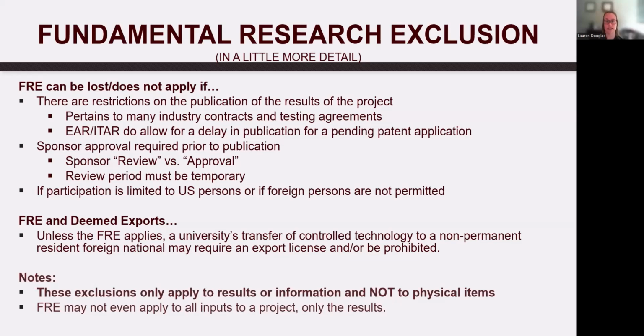So unless the research qualifies for a fundamental research exclusion, a university's transfer of controlled technology to a foreign national may require an export license. So to have a foreign person working in your lab, if you're working with export controlled technology or export controlled things, or technology behind those things, I should say, it may require an export license, or it may be prohibited.